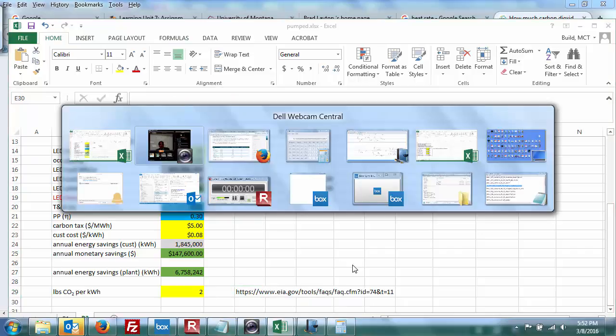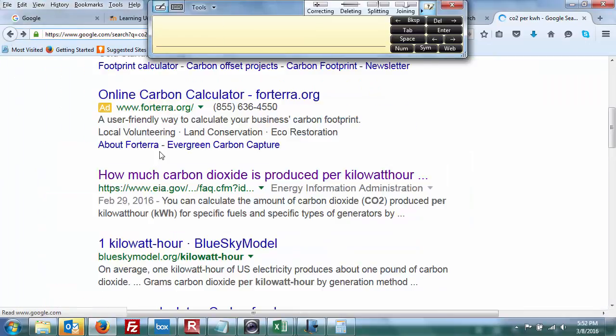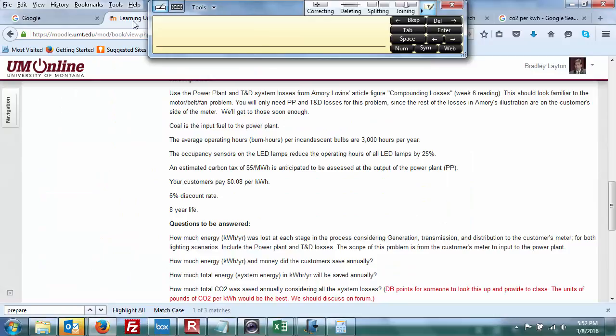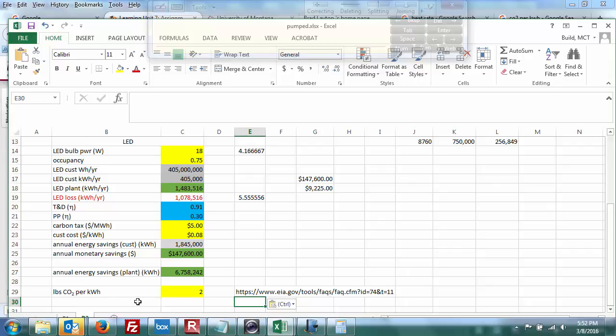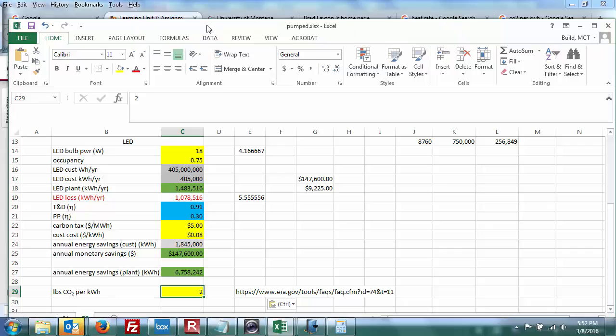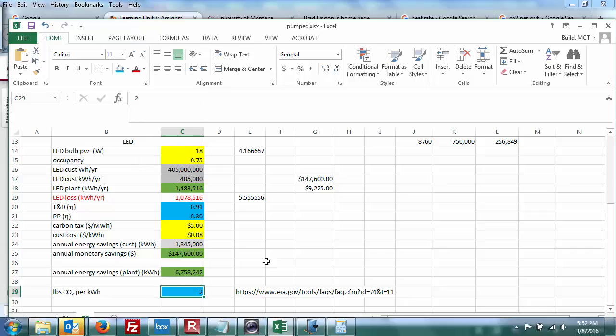So getting back to Learning Unit 7, how much total CO2 was saved annually, considering all the system losses? Pounds of CO2. I'm going to put that in as blue as well. It's kind of a physical constant, I think. I like that color blue right there.